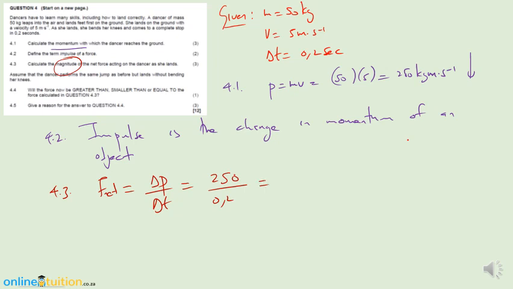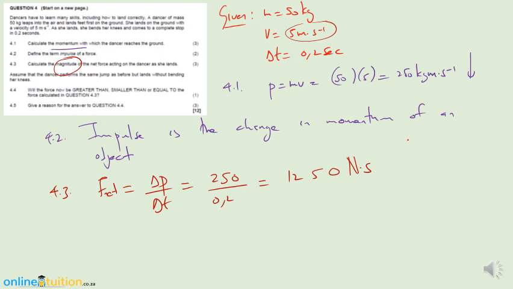So we're going to multiply that out: 1250. And I can write this as Newton second, not Newton per second, but Newton times second. Correct? And then the last bit, because remember, she is starting from rest and then she hits at 5 meters per second.